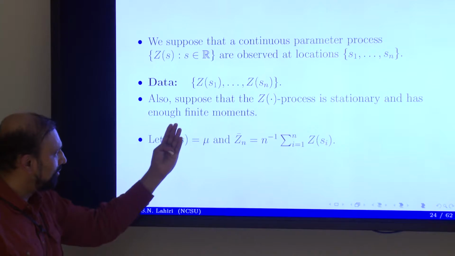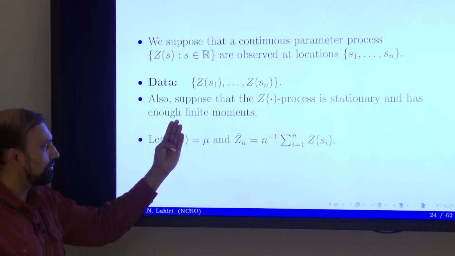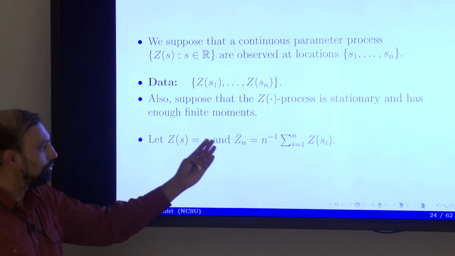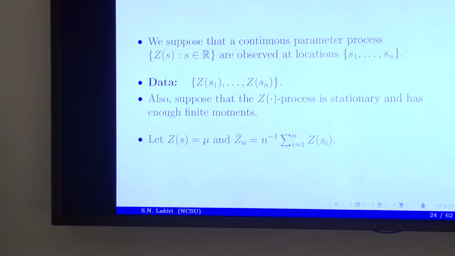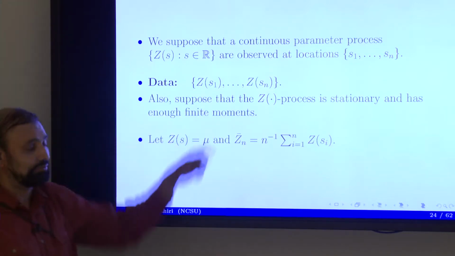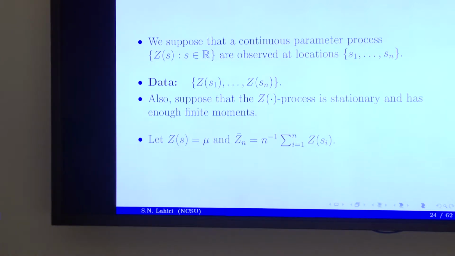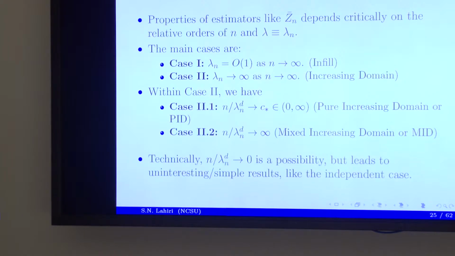So the simplest parameter would be the mean of this Z process, which I denote by mu, and you would estimate it with the average of all of these Z of Si's, the data values. Now one has to be careful about properties of Z bar. Statisticians always do averagings. Most of the time they are lucky, it works, but sometimes it will not work.